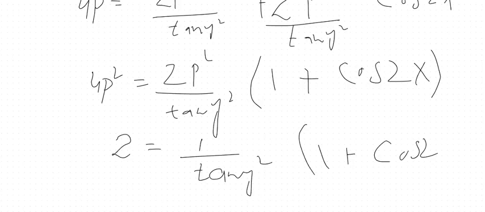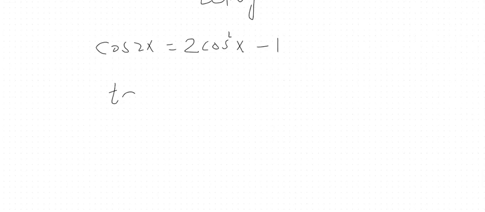So what do we have to do next? I'm going to simplify the equation. As you know, the formula is cos 2x equals 2 cos squared x minus 1. So we put this formula over here.